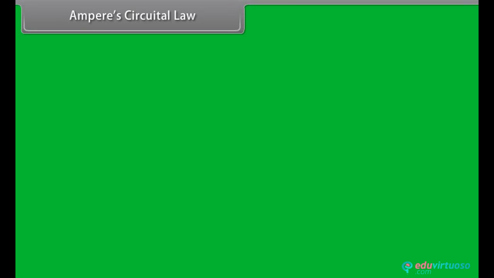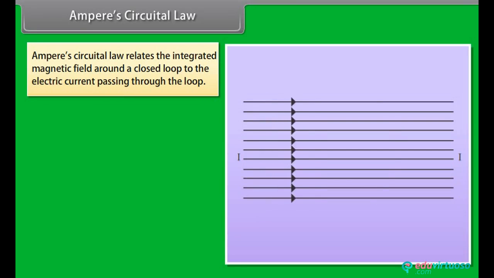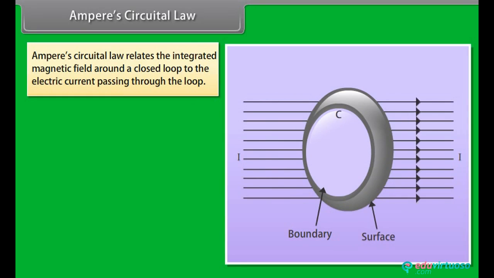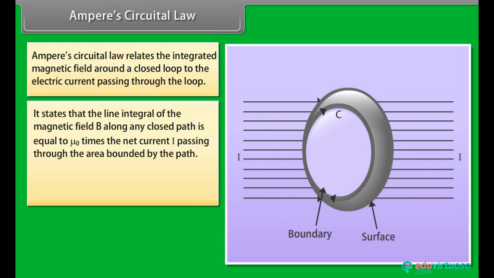Ampere's Circuital Law. Ampere's Circuital Law relates the integrated magnetic field around a closed loop to the electric current passing through the loop. It states that the line integral of the magnetic field B along any closed path is equal to mu naught times the net current I passing through the area bounded by the path.